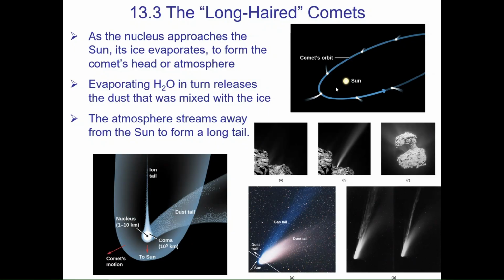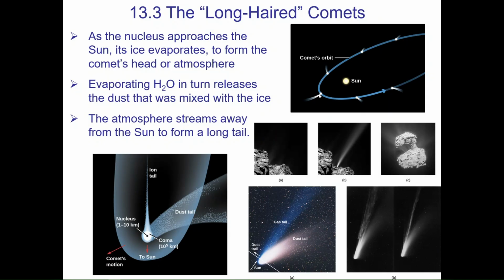As a result, with the high temperature, all this material, we believe, sublimates. That is, it changes directly from a solid to a gas state. So it develops a big, thick atmosphere around the nucleus of the comet. We usually call it the coma, and its size is much larger than its nucleus.